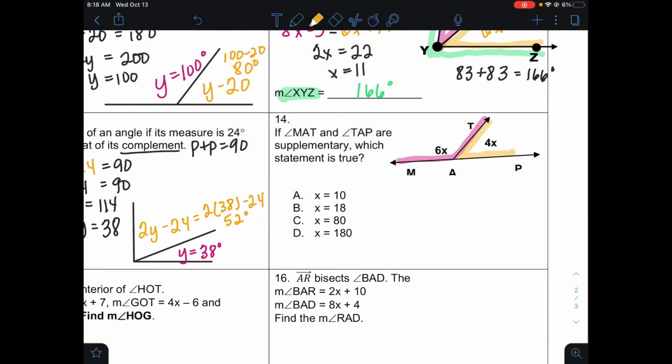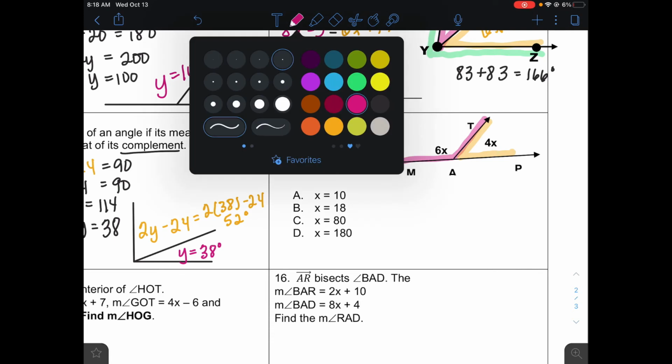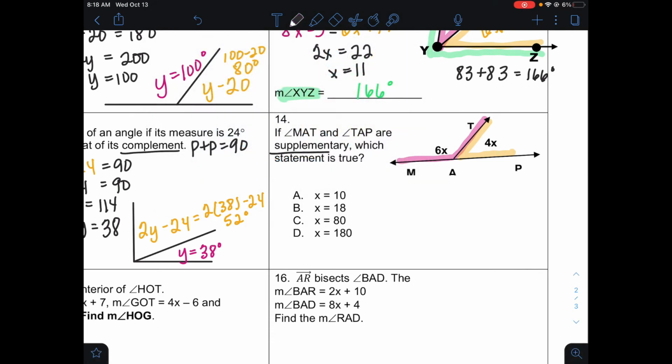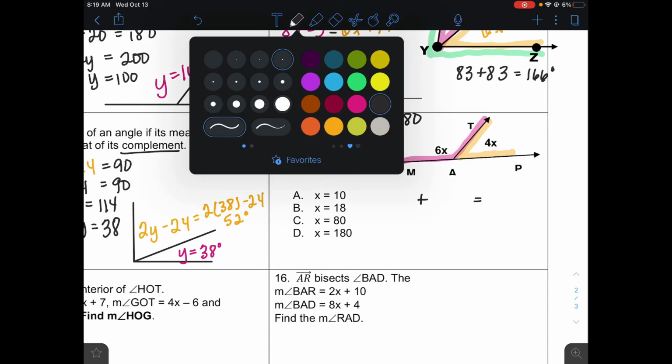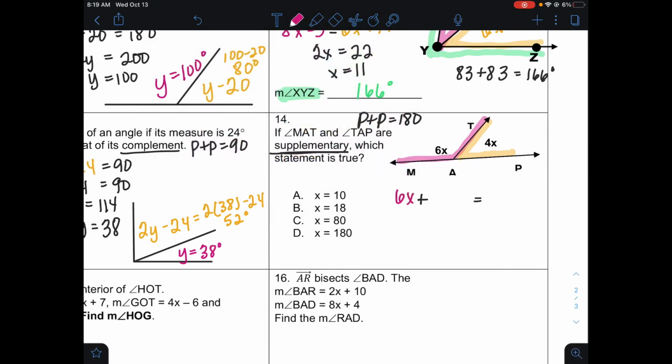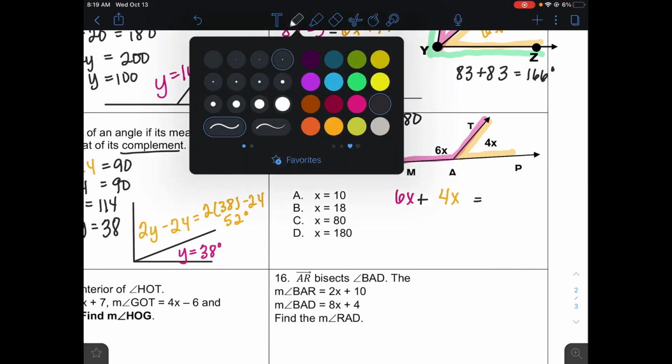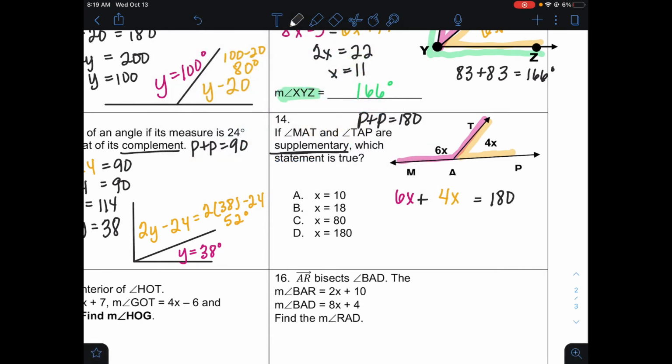And these are the two angles I'm looking at. So part plus part equals 180. Let me fill in what goes here. Okay, so that'll be answer choice B.